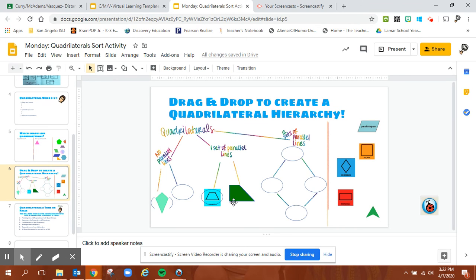Okay? All right, so this looks just like the one we just made. So if you remember correctly, the first subset of our 2 sets of parallel lines was a parallelogram. Okay? So I'm not going to do any more for you. I just wanted to get you started so that you weren't totally confused.